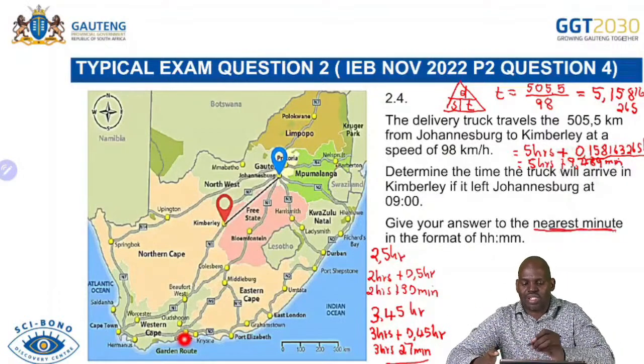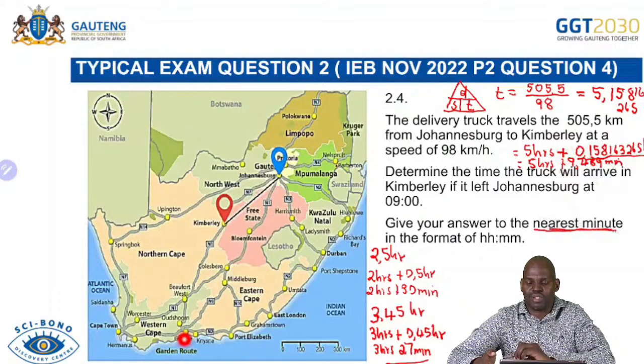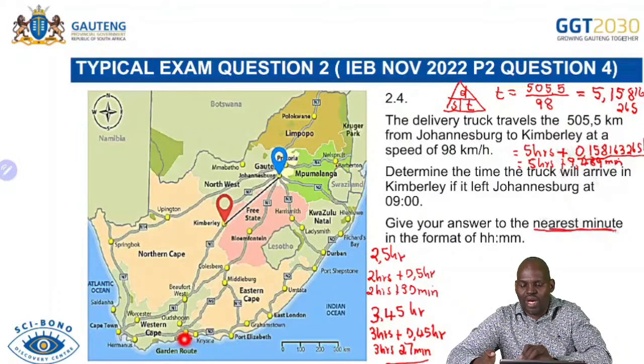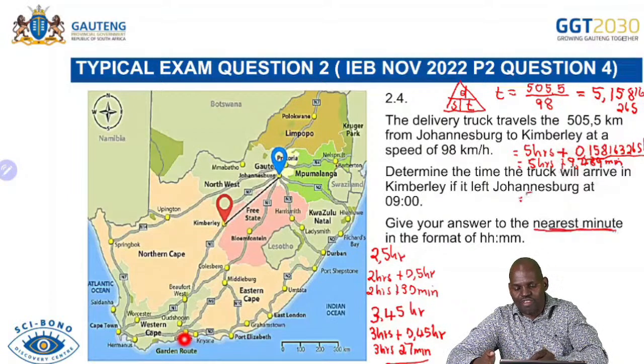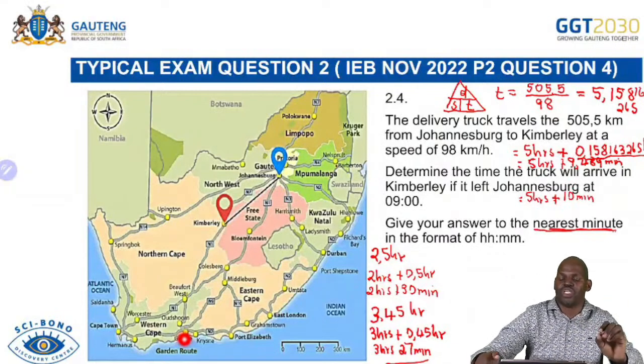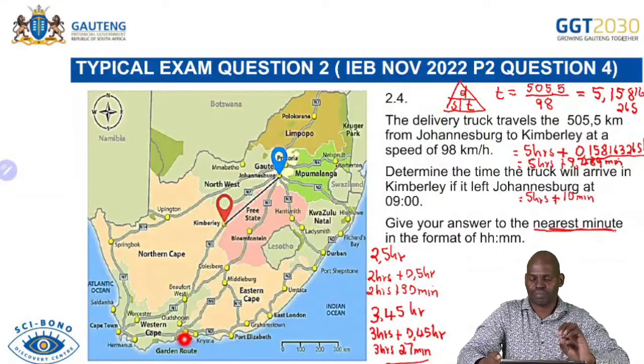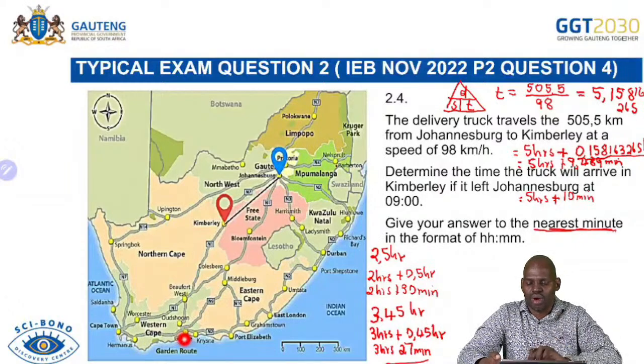But in this case, they say I must now round off the minutes. So if I round off 9.489 minutes, this will be about 10 minutes. So it's 5 hours and 10 minutes. Okay, so 5 hours and 10 minutes.